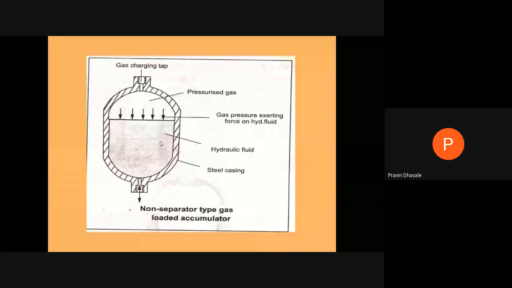It can absorb the shock and fluctuation.